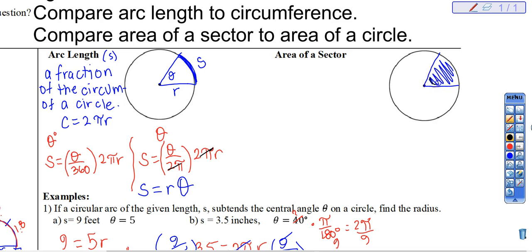And what we need here is theta, whether it's in degrees or radians, and the radius. Okay, so an area of a sector, which usually is just A, but I'll draw a little version of a sector, just a little visual. Area of a sector is a fraction of the area of the whole circle.